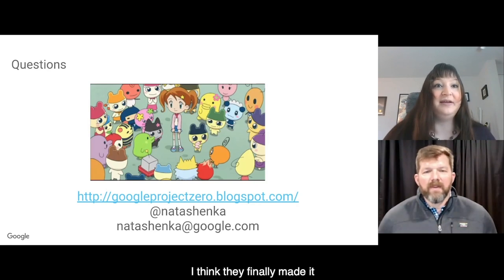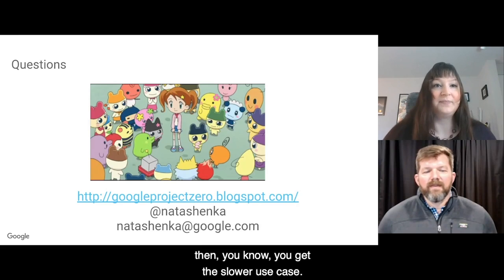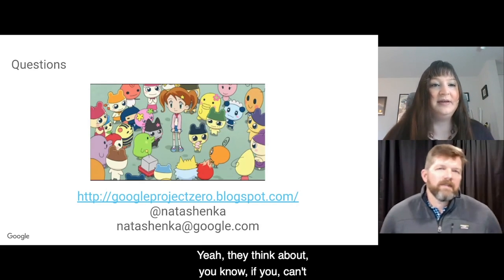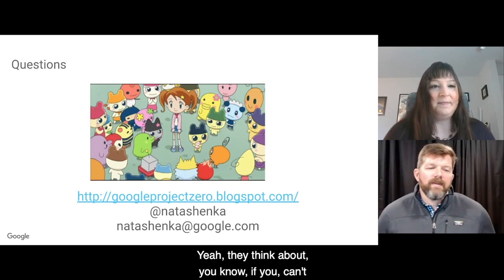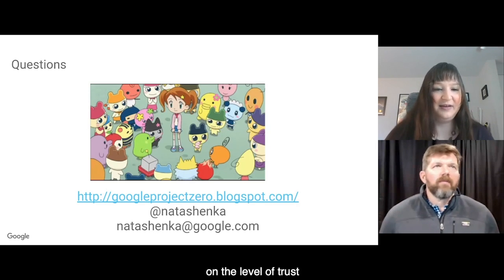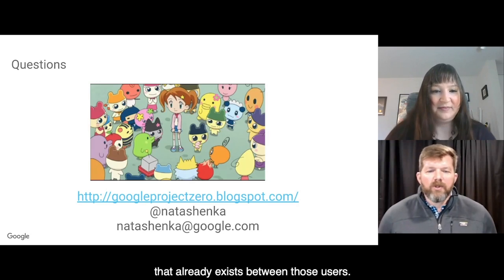And I think they finally made it so that if you're not a friend, then you get the slower use case. Right, that makes sense. That's really interesting, a couple different paths based on the level of trust that already exists between those users.